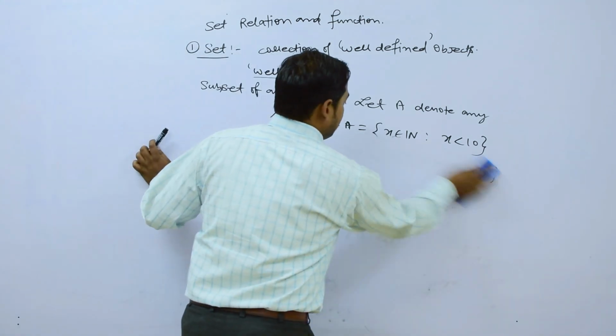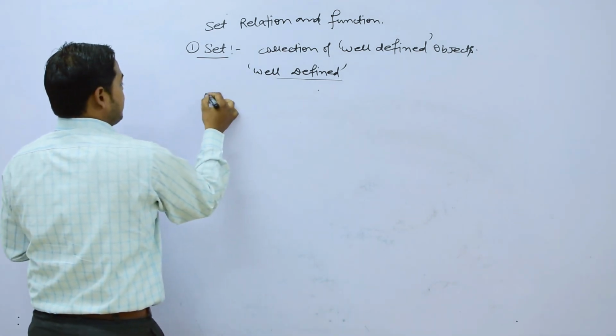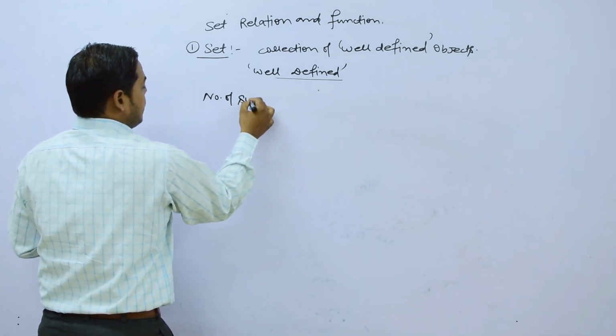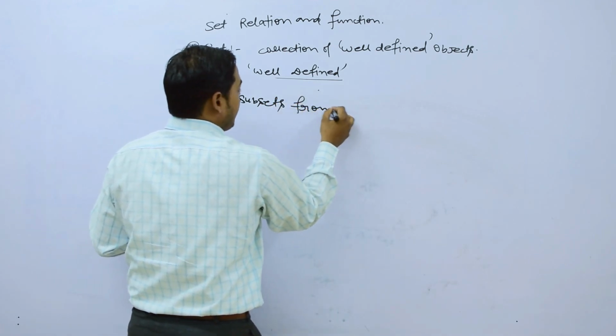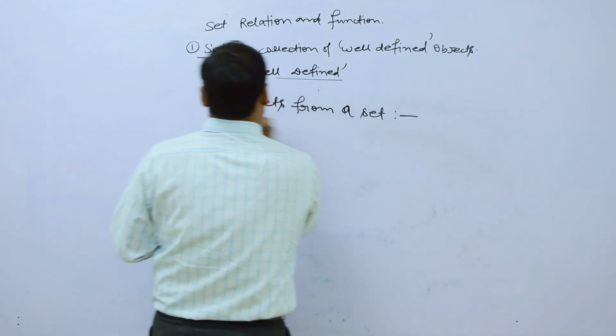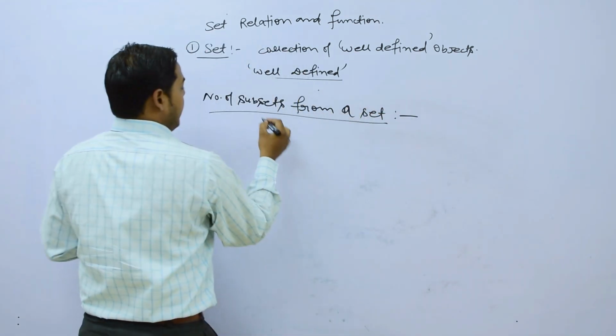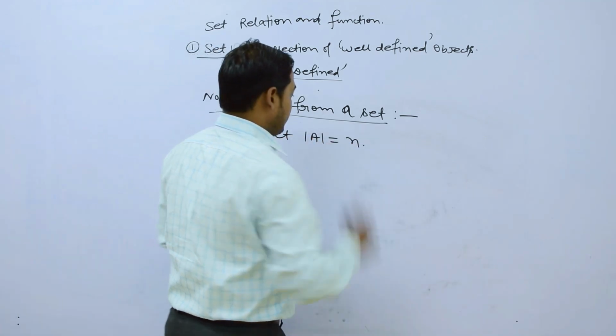Now my another article is number of subsets from a set. Let cardinality of A equal to n.